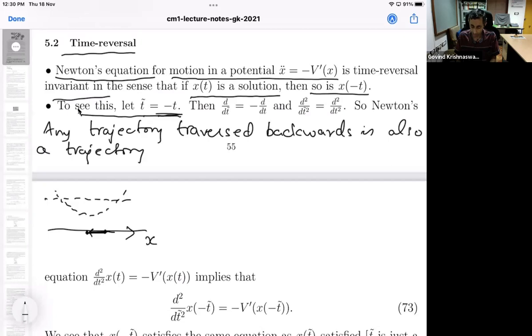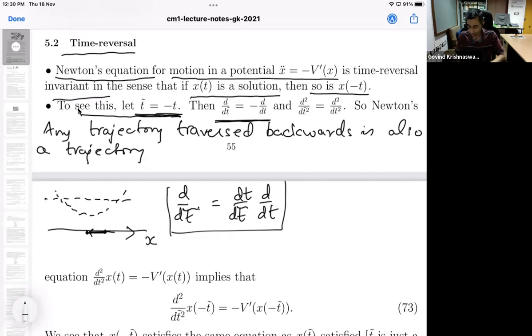First we notice that d by dt tilde is equal to minus d by dt, because they differ by a sign, so the derivatives will also differ by a sign. I hope that is okay. This is called the chain rule of differentiation or similar thing.